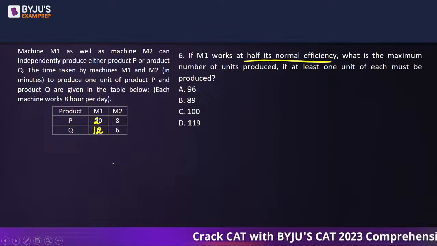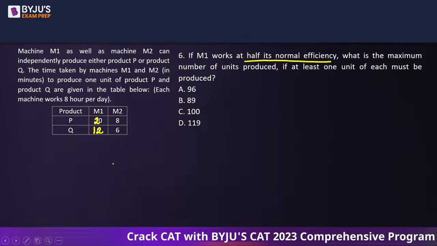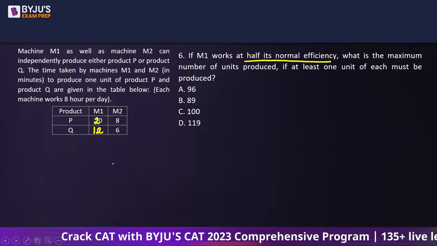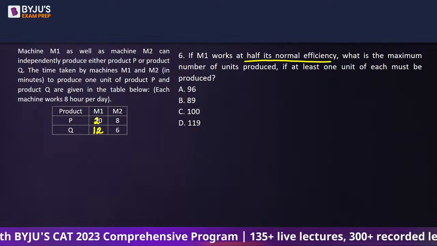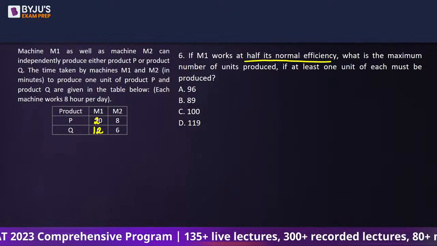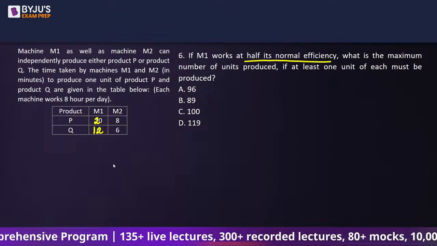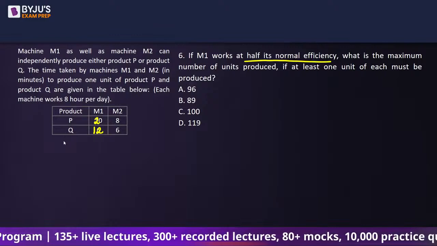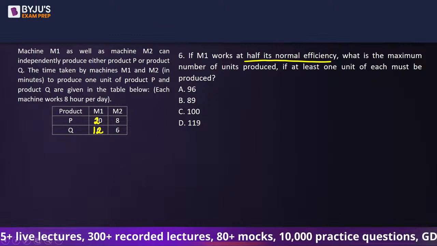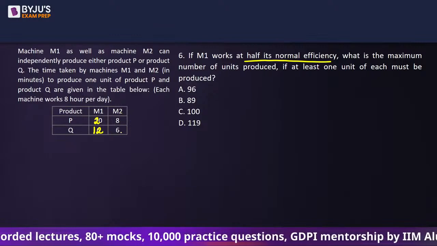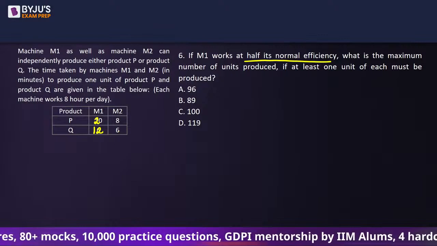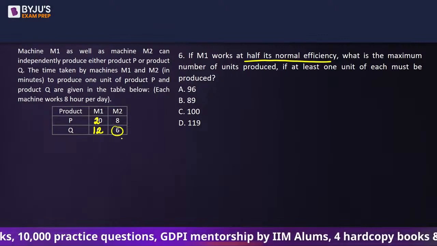What is the maximum number of units produced if at least one unit of each must be produced? Right? So in this particular scenario, obviously one particular machine can only produce one particular product at a given time. है ना?